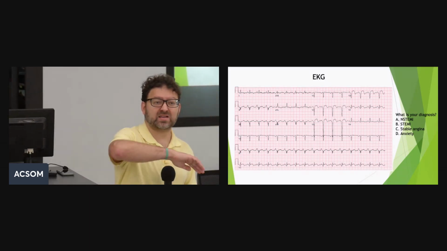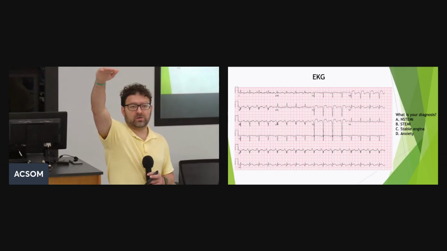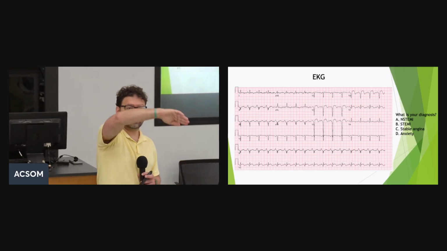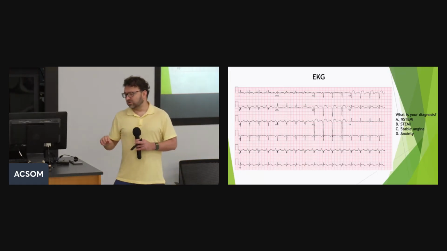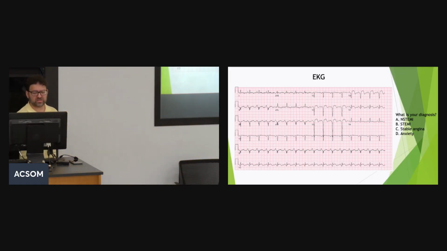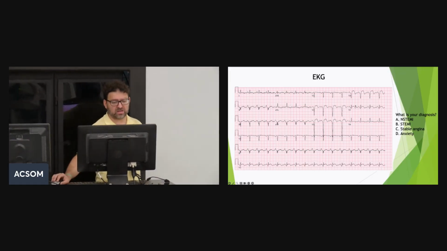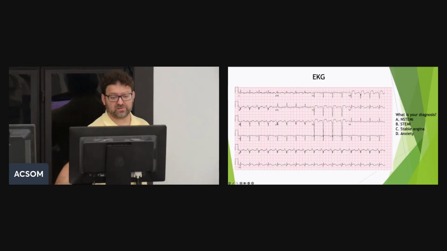You've got this concave upward elevation, right? It's a tombstone. You already have two contiguous leads. So V2, V3, and there it is, V4. Even in V5 it's starting to come down, but you have 1, 2, 3, 4 leads with ST elevation.